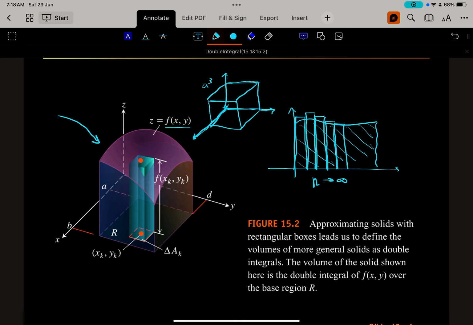So now what we can do is we can use an approximation, which we can basically show you here in the cube. Now if you want to approximate here, we can use boxes. We can approximate this using boxes. What do I mean? Let me show you.